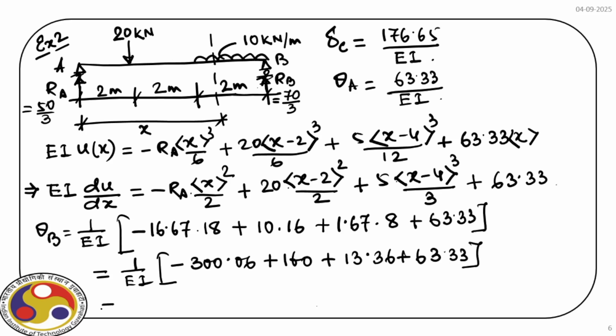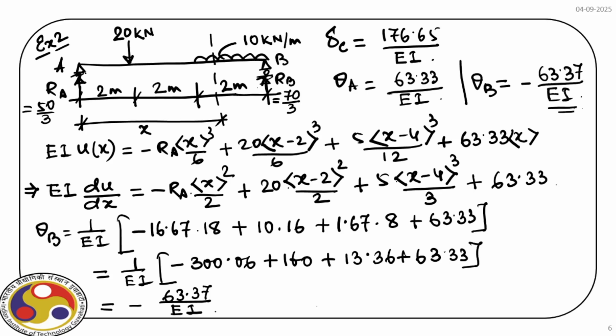So this is equal to minus 63.37 divided by EI. So that completes the exercise. So we have theta B is equal to minus 63.37 divided by EI.